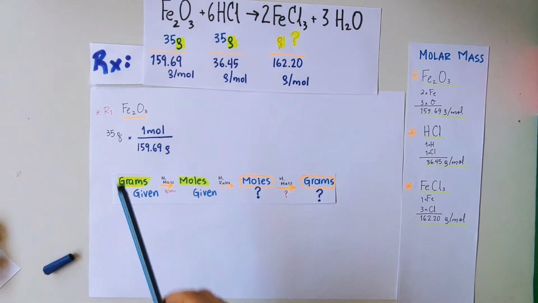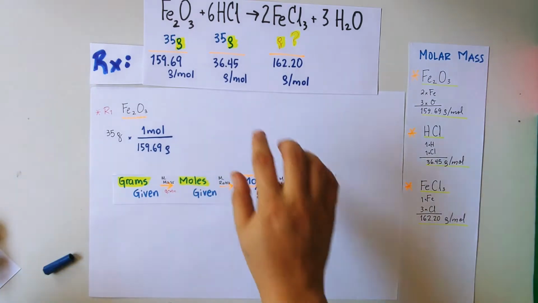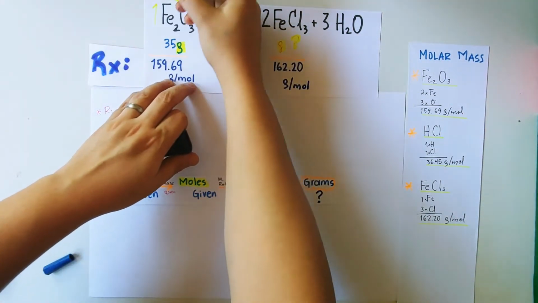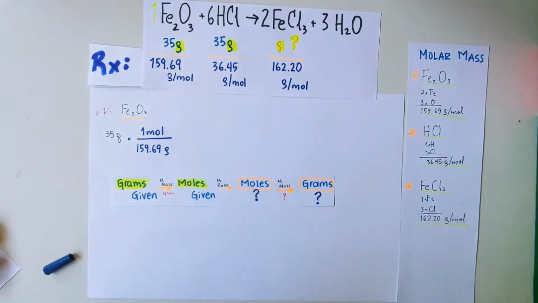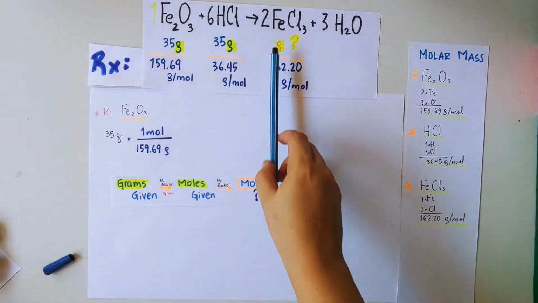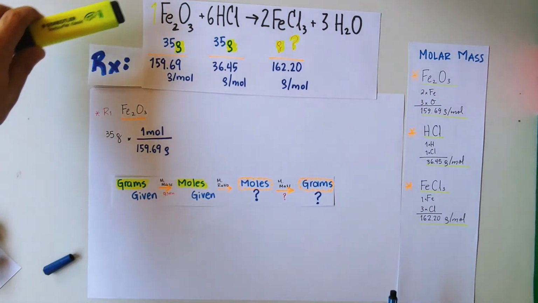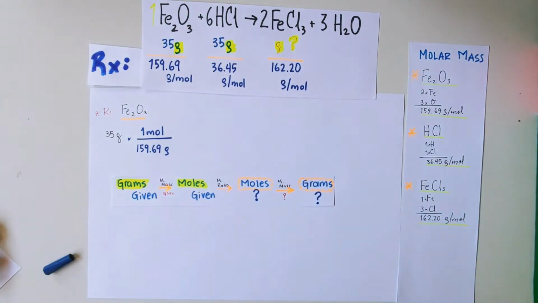So the mole given is an invisible 1. Remember that even if you don't see it, it's there. So here it's like having an invisible 1 of iron-3 oxide and the moles of the unknown. The unknown is iron-3 chloride. So the ratio is 1 against 2. So where are you going to put it?